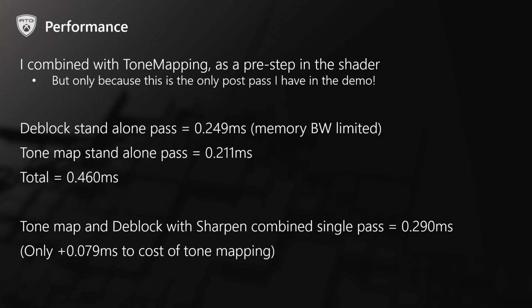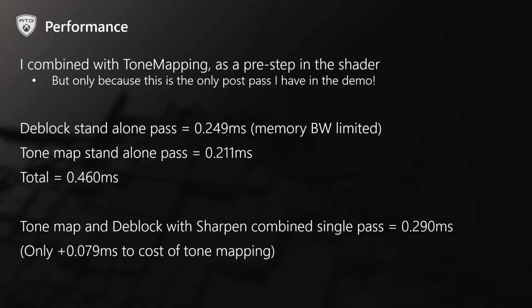So here are some timings. Deblocking as a standalone pass, as I mentioned, is mainly memory bandwidth limited, a quarter of a millisecond. The tone map shader similarly is memory bandwidth limited, so 0.2 milliseconds for that.